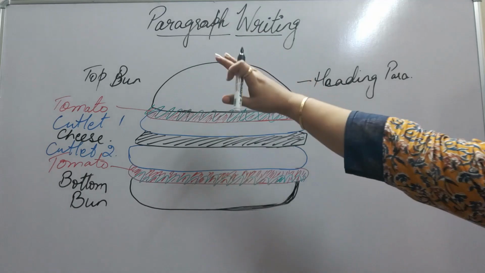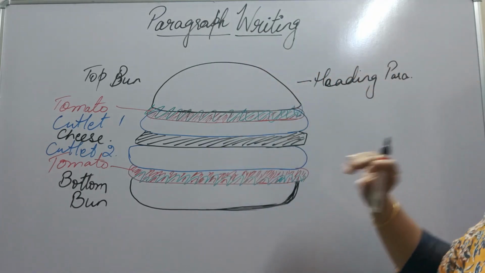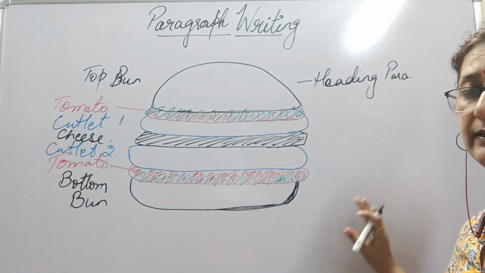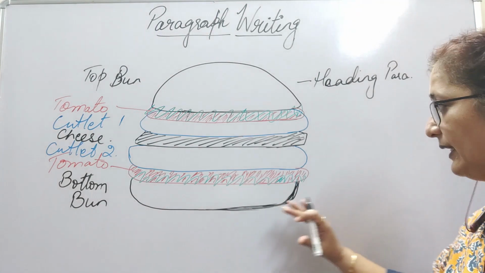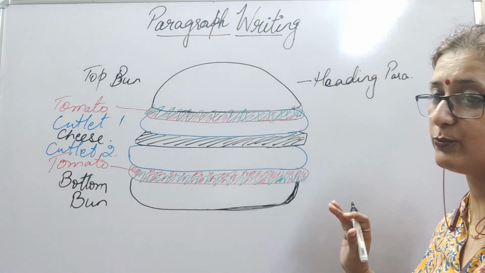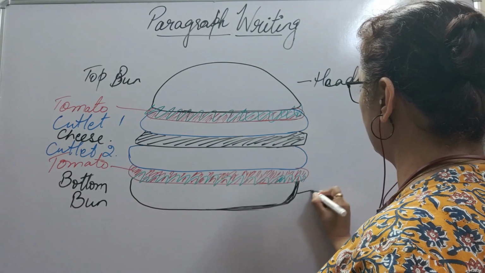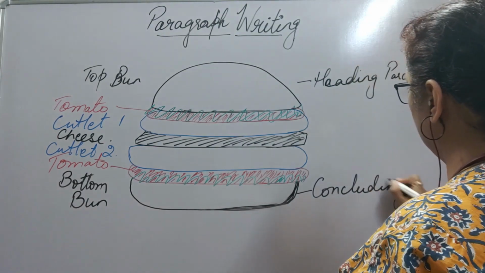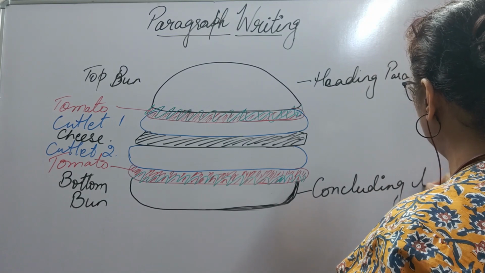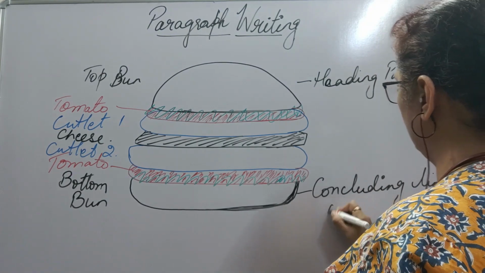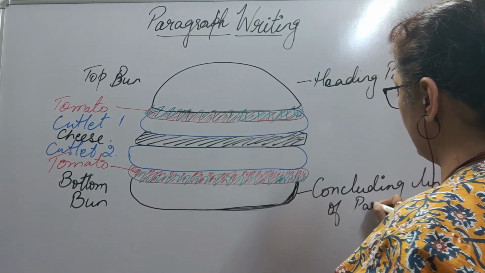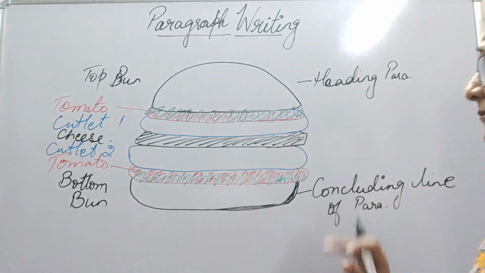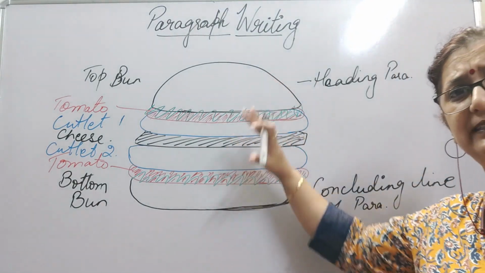Now, the first top bun is the heading of the para, and of course the bottom bun, the one at the end, is obviously going to be your concluding line of the paragraph, right?